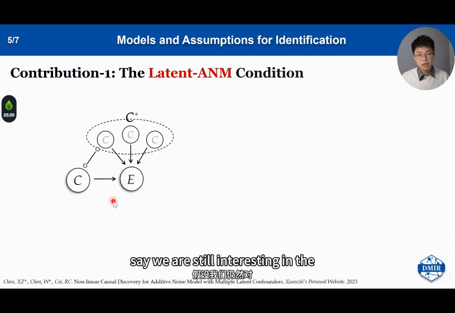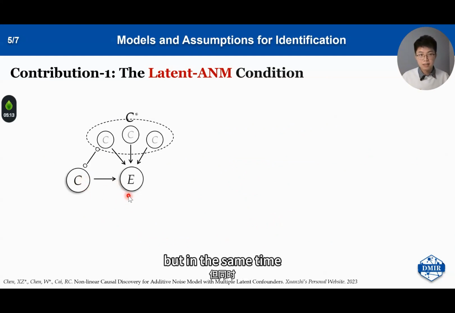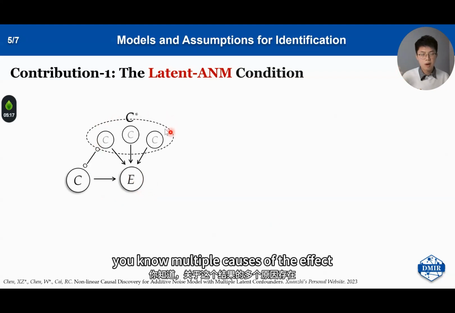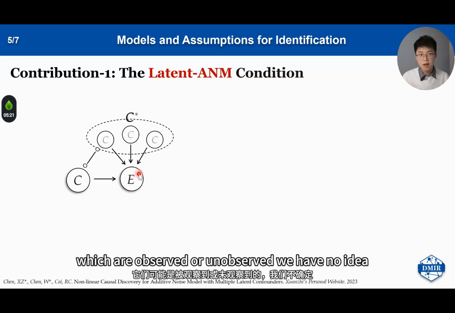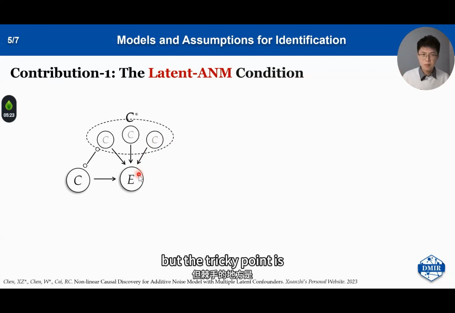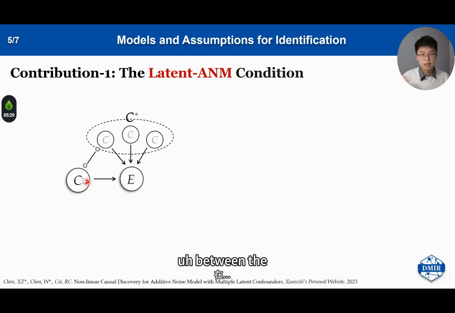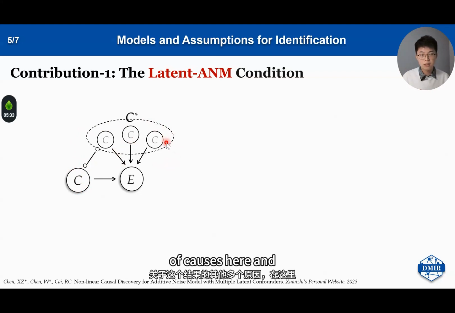Say we are still interested in identifying the causal relations here, but at the same time, we definitely have some other multiple causes of the effect, which are observed or unobserved. We have no idea. But the tricky point is we are also not quite sure about the relations between the interesting cause and this bunch of causes here.